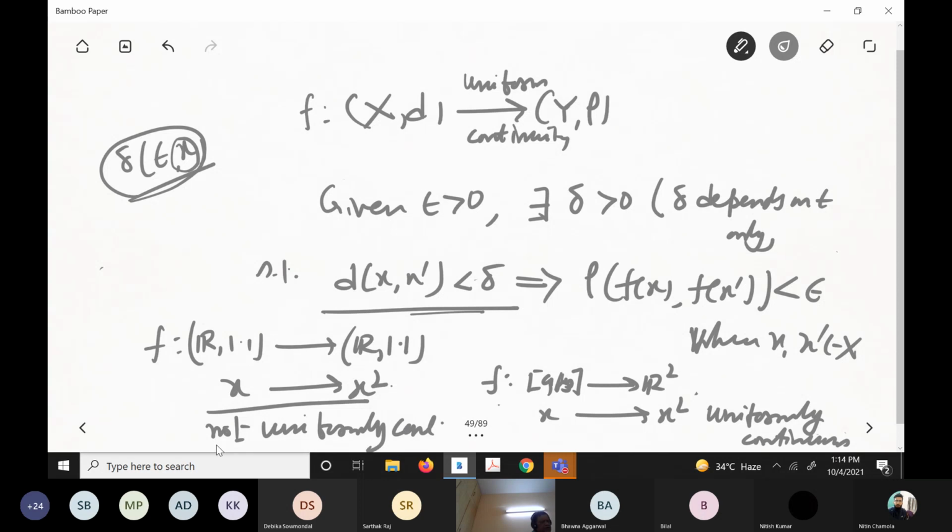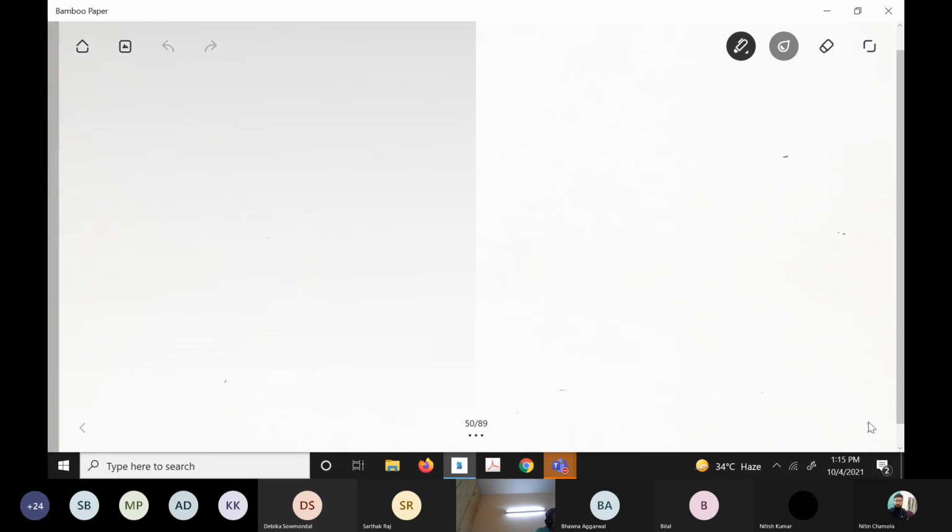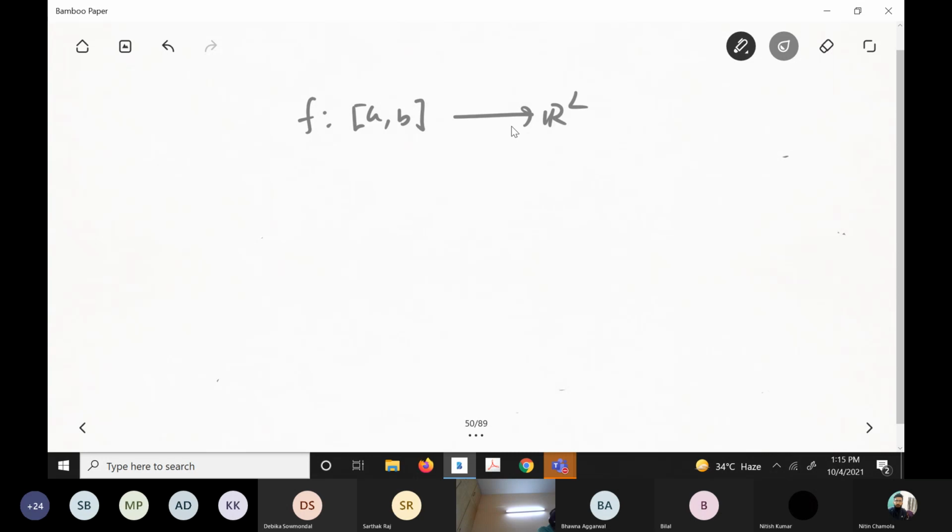The reason is, I can tell you why it helps here. Let me look at f from [a, b] to R. Why will it be uniformly continuous?